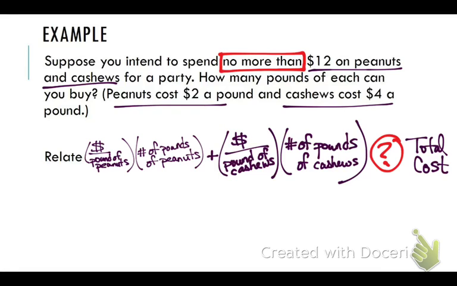So that means what would be an appropriate amount if I want to spend no more than $12? $11.99, $6, $7. So think about how those numbers, so like if you are $11.99, how is that going to be compared to 12 using a symbol? It'd be less than.